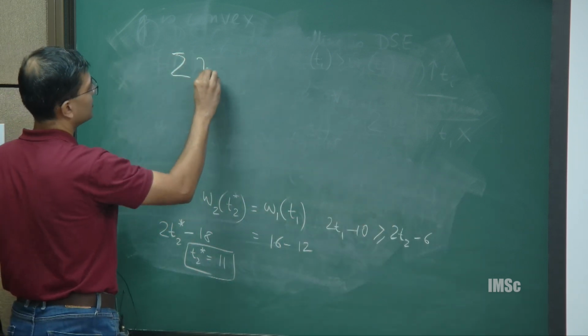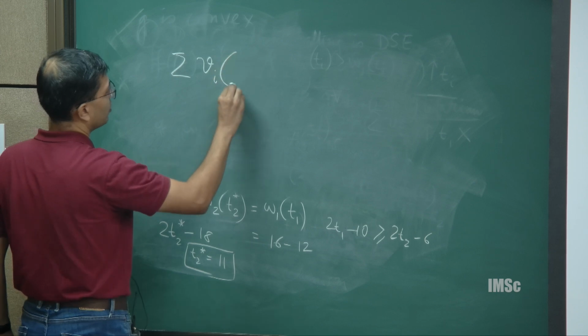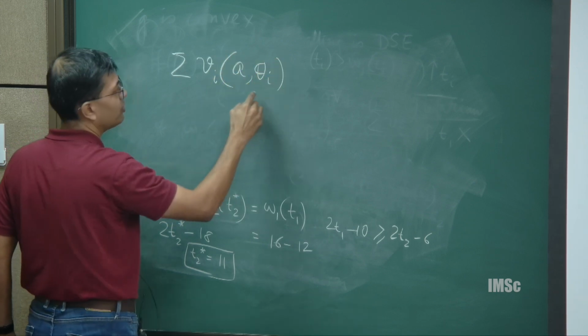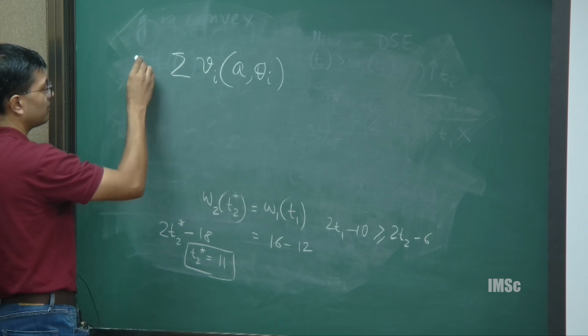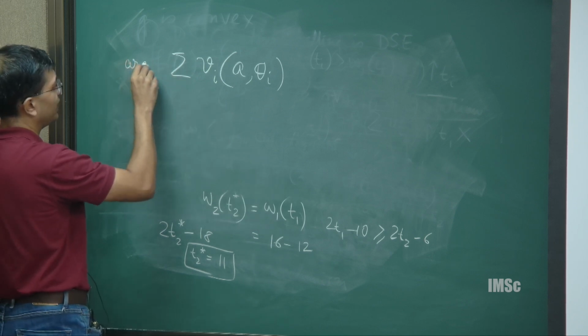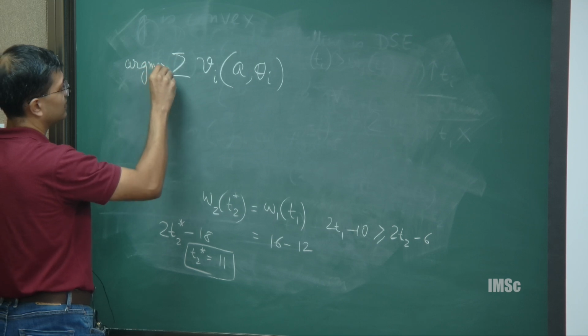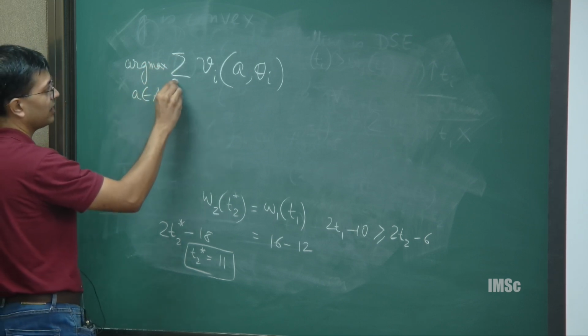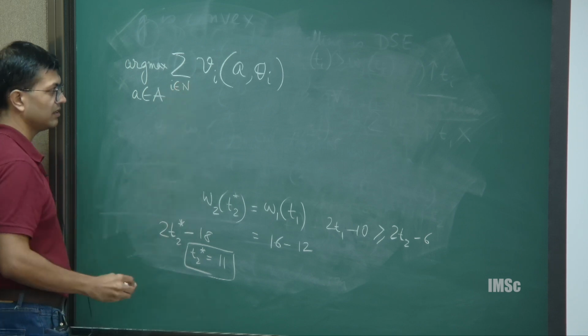So we pick the allocation from the allocation set, using the previous notation, such that the sum of the values is maximized.